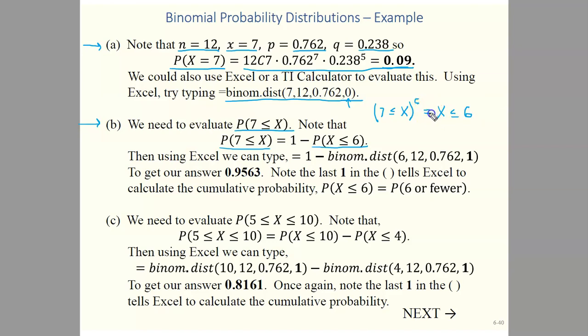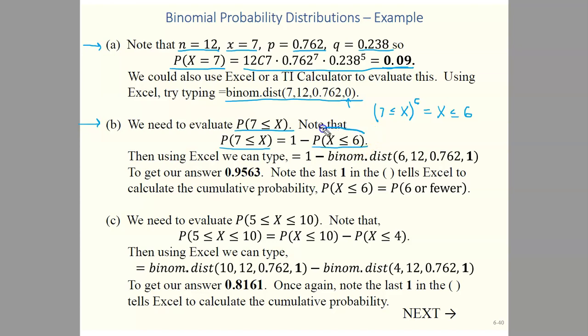That's the complement. If this is event A, the complement of event A is getting 6 or fewer drivers wearing seat belts. So therefore, the probability that x is bigger than or equal to 7 is going to be 1 minus the probability that x is less than or equal to 6.